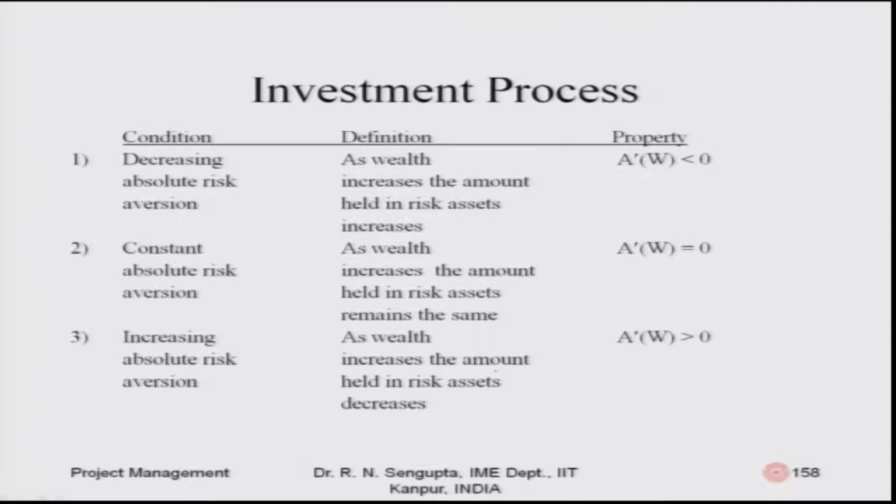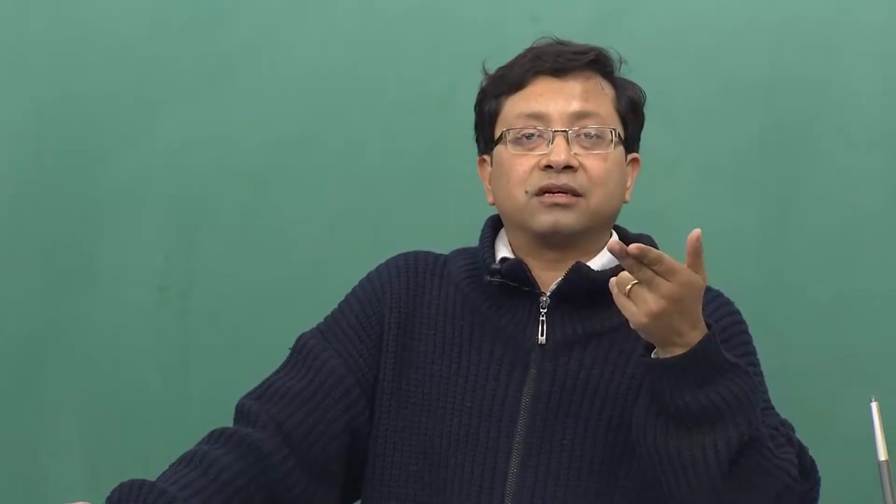Consider only one property, A prime is less than 0, which is the decreasing absolute risk aversion property, which means that as wealth increases, the amount held in risky assets, risky projects, whatever it is, increases. Which means my absolute risk aversion is decreasing, that I am willing to take the risk, I am becoming more and more of a risk seeker.